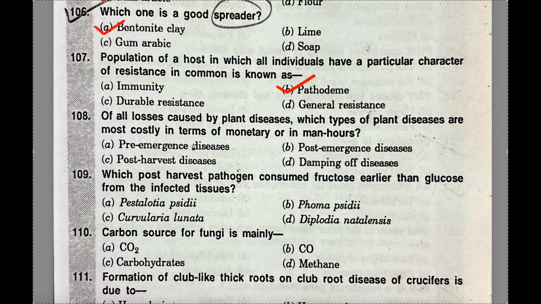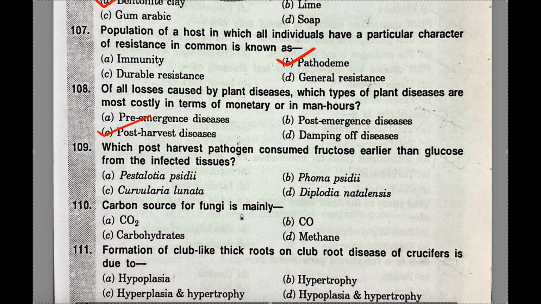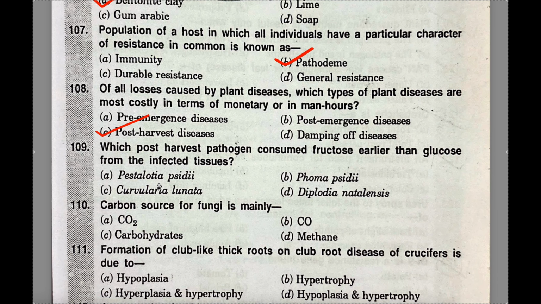109. Which post-harvest pathogen consumed fructose earlier than glucose from the infected tissue? Pestalotia, Fusarium, Curvularia lunata, or Diplodia natalensis? Answer is Diplodia.